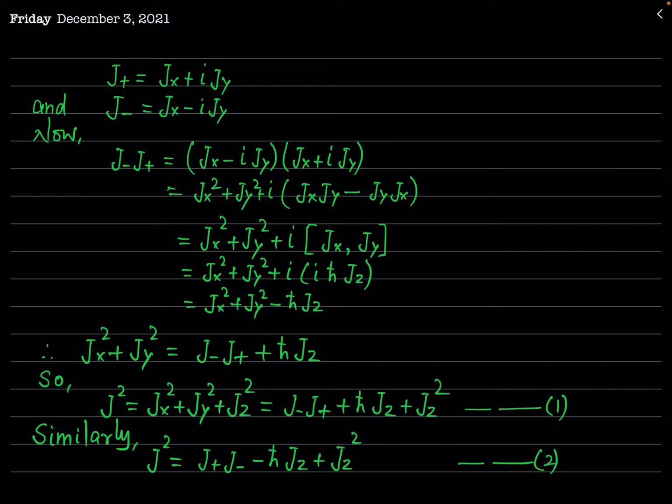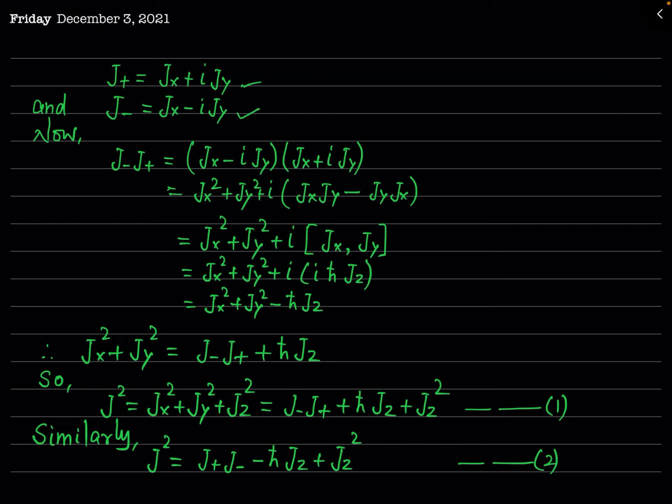The raising operator J plus is defined as Jx plus i Jy, and the lowering operator J minus is defined as J minus equal to Jx minus i Jy.